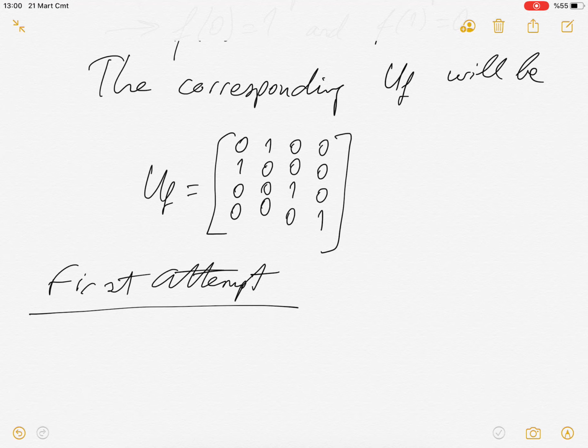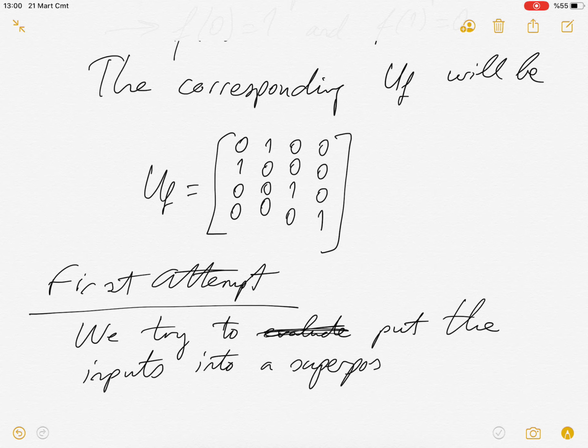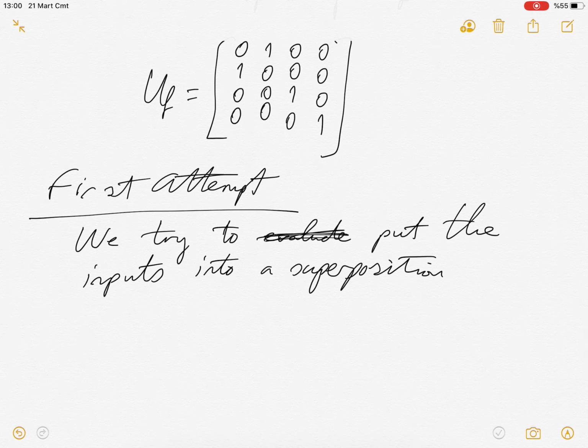So we try to put the inputs into a superposition. Instead of having the top input be either in state 0 or 1, we put the top input state in this plus-phase superposition state.